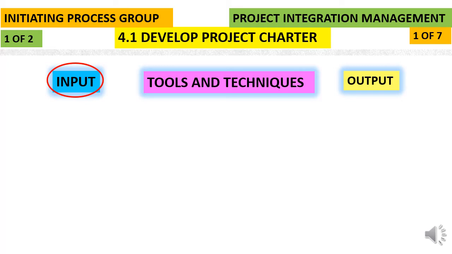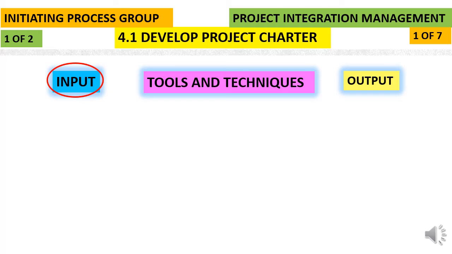This should be understood because when we want to know when this process will be deployed or applied, we should know that this is a part of the integration management knowledge area, and typically this is deployed during the initiating process group.